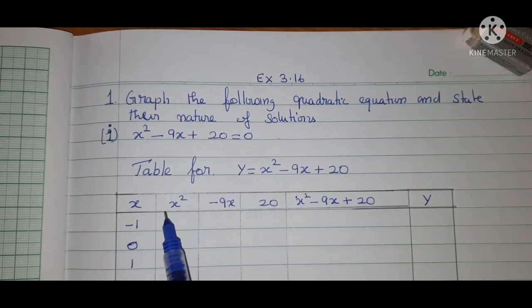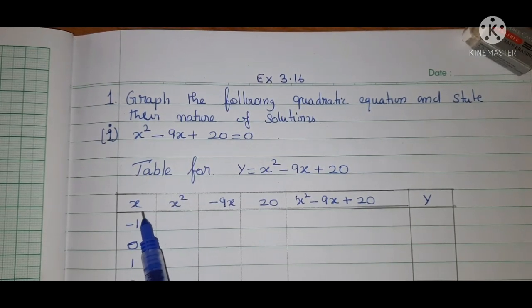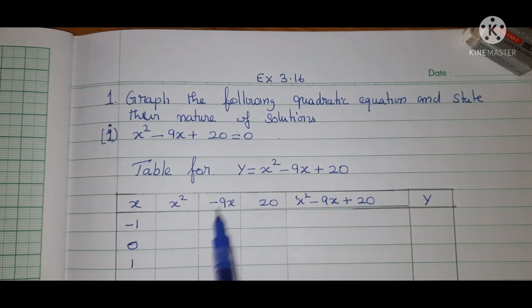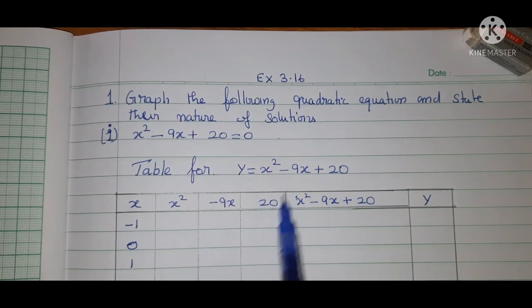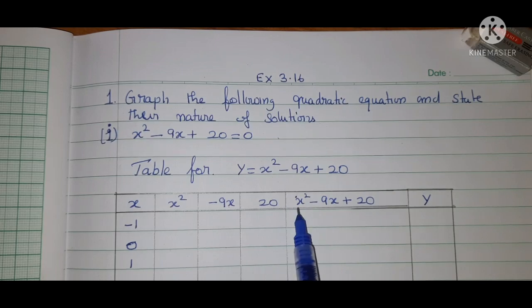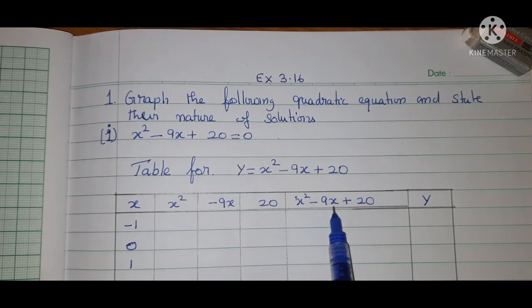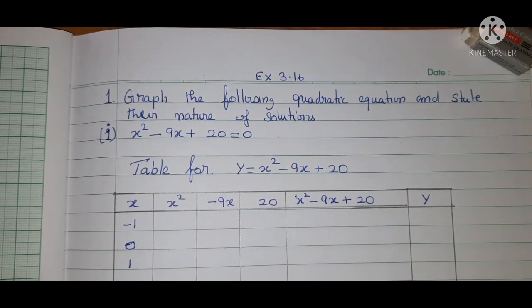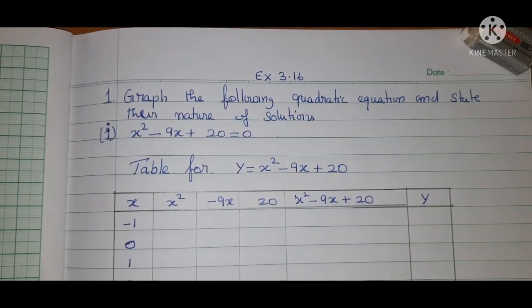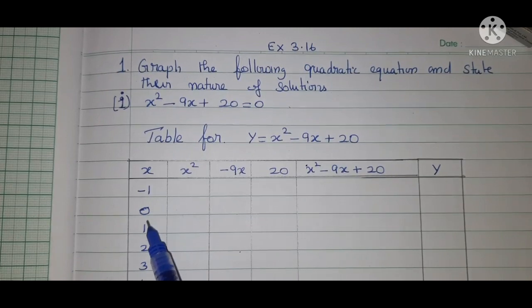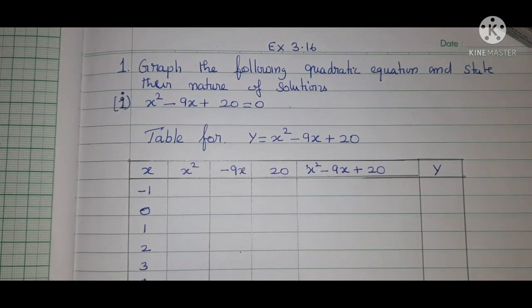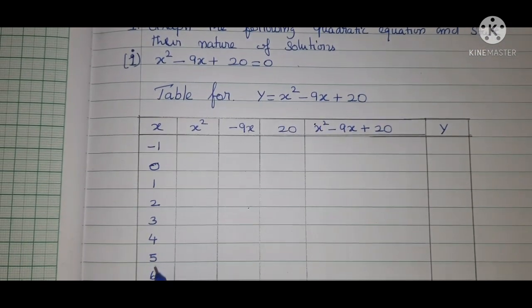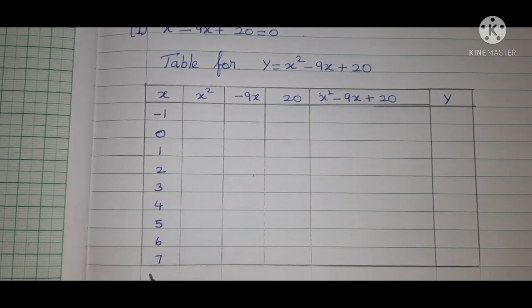The columns are x, x square minus 9x plus 20, and then the value of y. X is minus 1, 0, 1, 2, 3, 4, 5, 6 and 7.